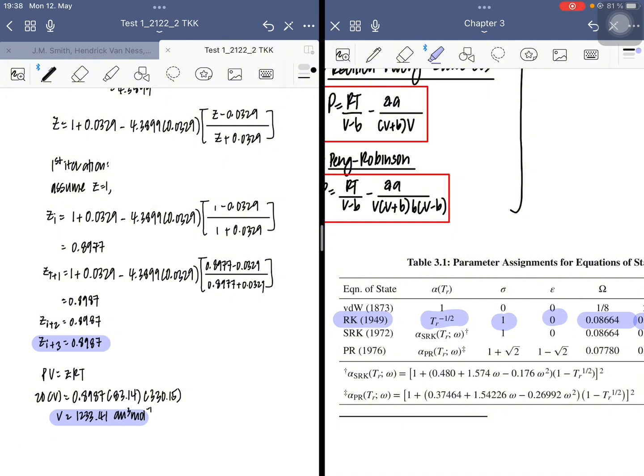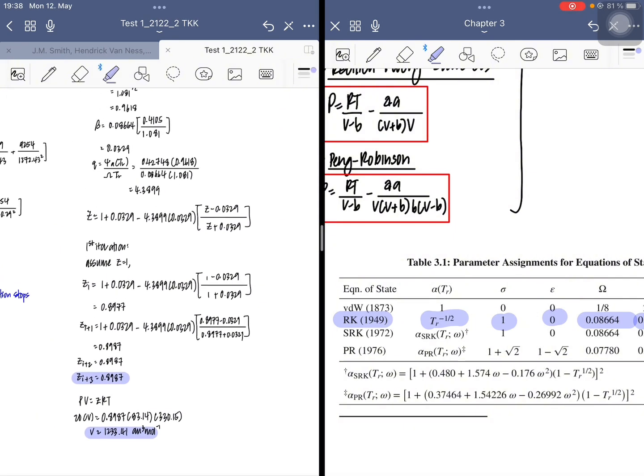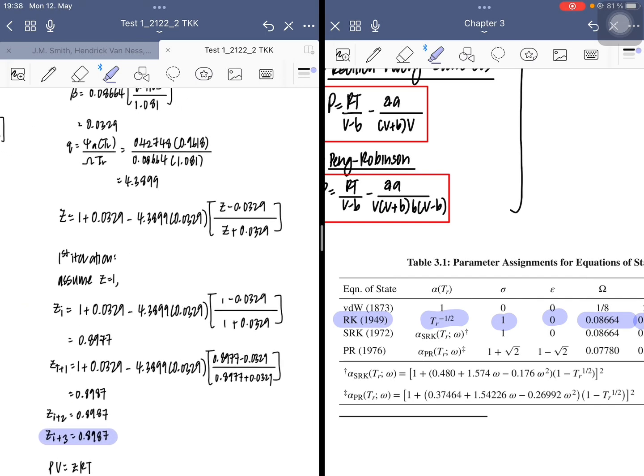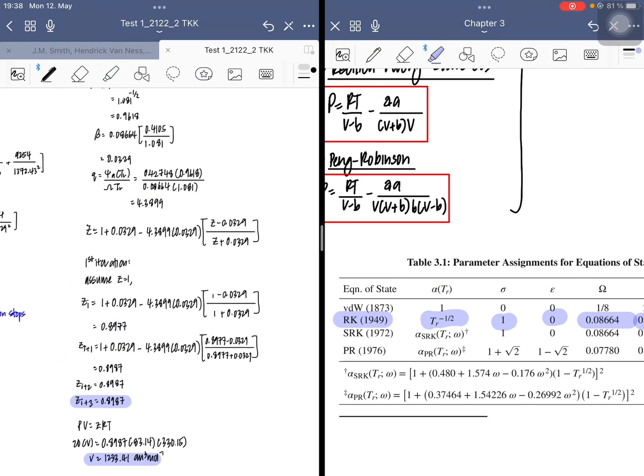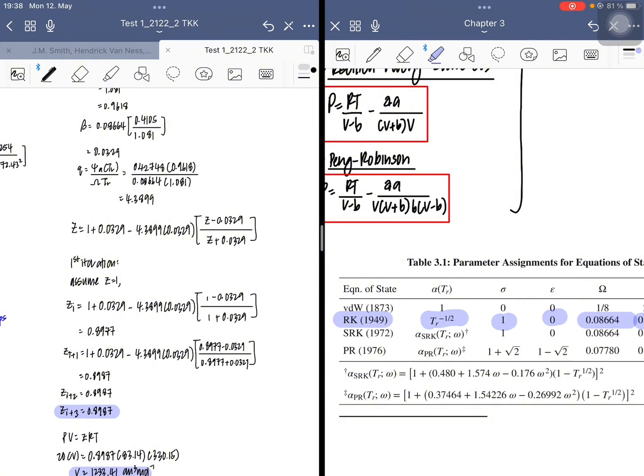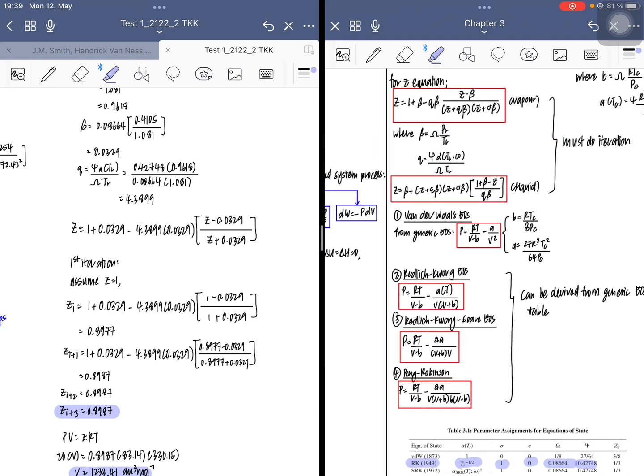The reason why I'm assuming Z equals 1 is because whenever we start with an equation like this, sometimes you don't know what value to assume first, right?